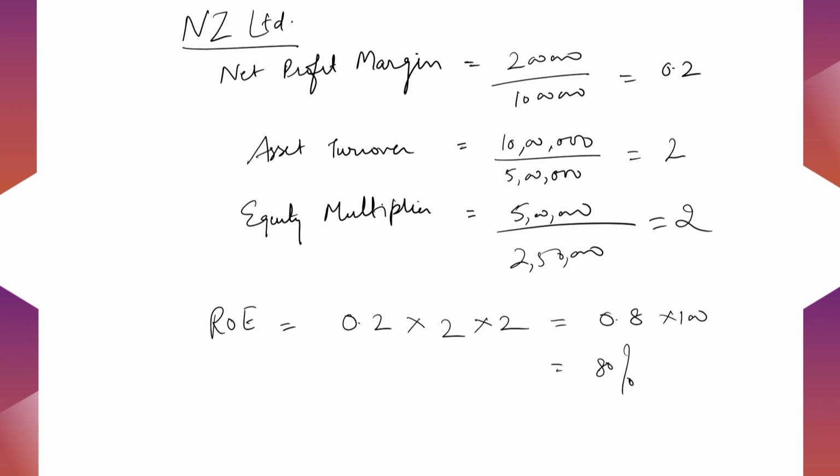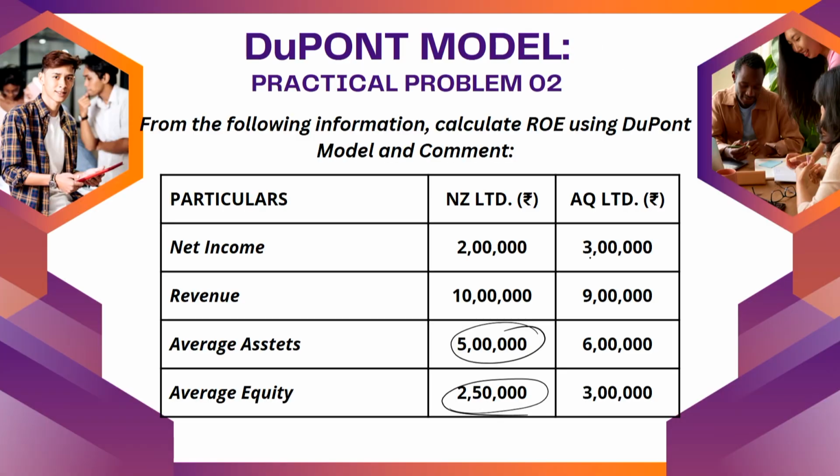In the same manner, we compute the ROE using all the three components for the other company, which is AQ Limited. For this, first we compute the net profit margin, which is equal to 3 lakhs net income, revenue 9 lakhs.